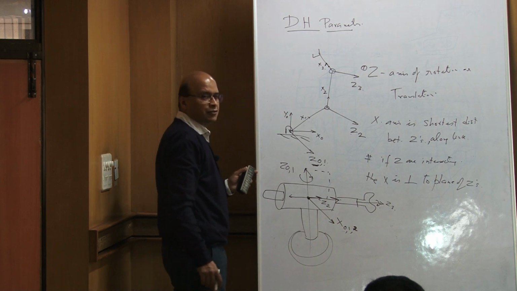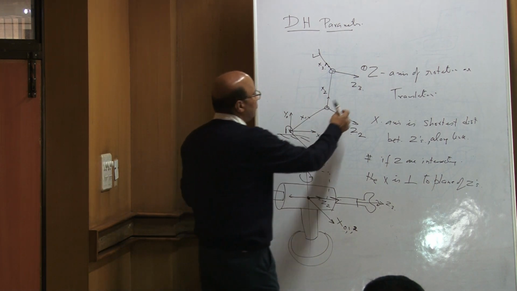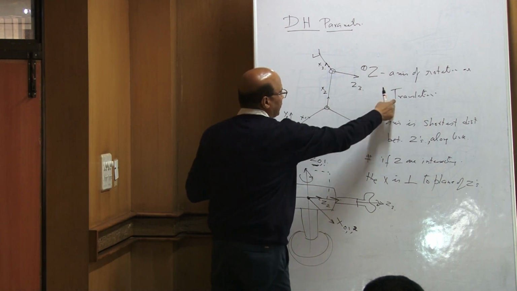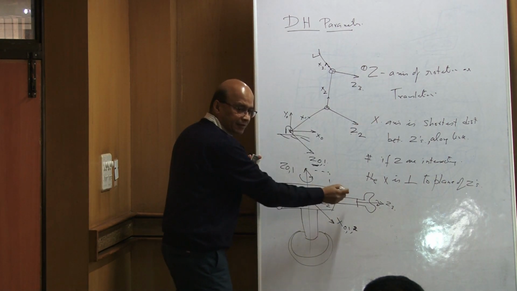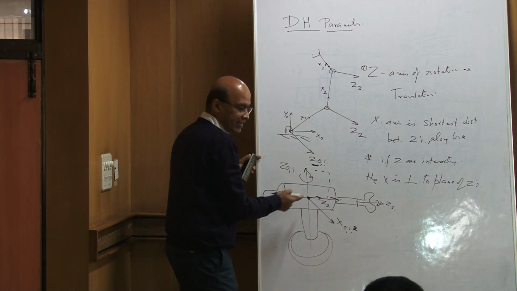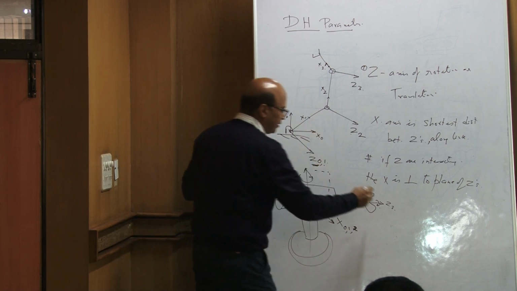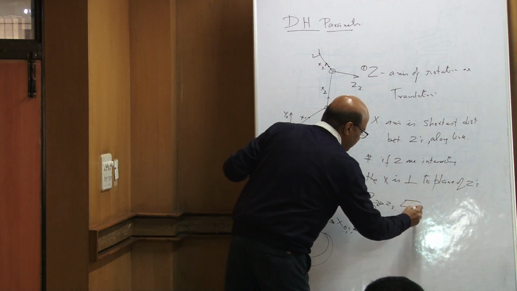Okay. So there are only two conditions. So z-axis is axis of rotation or translation. This is translating. So if it is translating, the z is in the direction of translation. So when we say axis of translation in a prismatic joint, if you remember, we had drawn our prismatic joint like this.